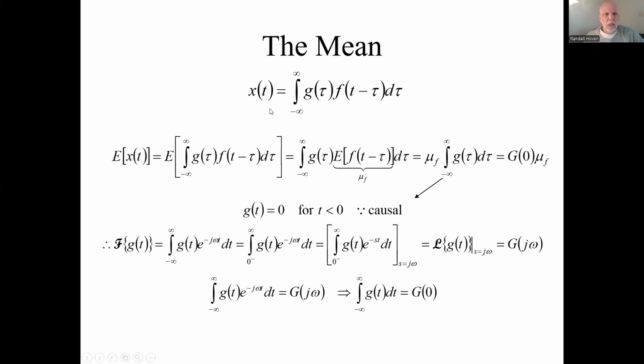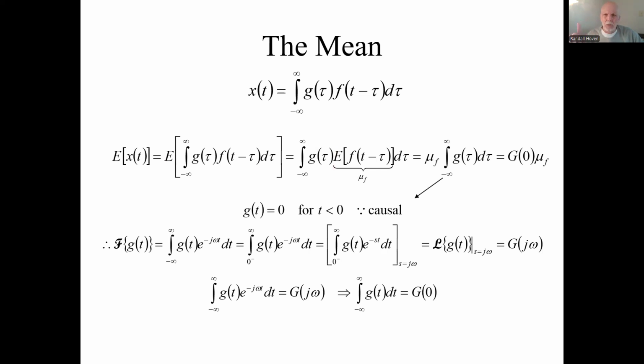Well, the mean of X means this expectation. Put this integral in that expectation. And now because integration is a linear process and the limits of the integral don't involve anything random, we can move the expectation operator inside the integral. And this G here is not random.